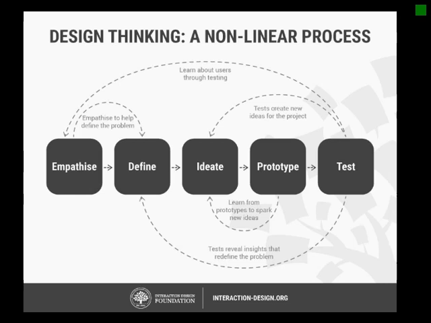This is not too important, but basically you've got your emphasis, you define, ideate and prototype and test. So basically you've got your concept, you've got your definition, you've got your identification, which is your design process, and then you've got your prototype, your working drawings or your model these days, and then you test it, and that information is then fed back into the items. But like I said, this is not too important. You can go through this. This will just explain the subsystems a little bit more.